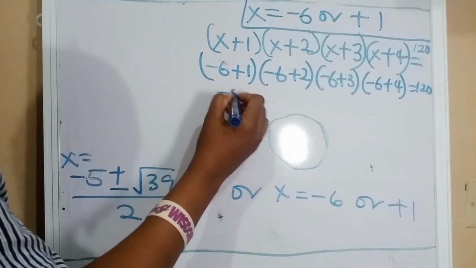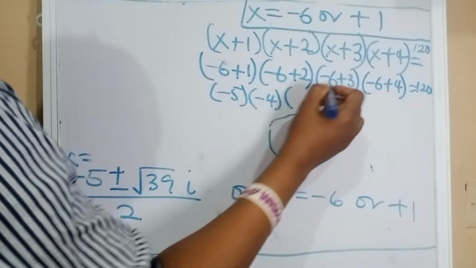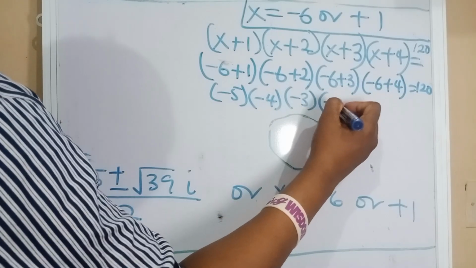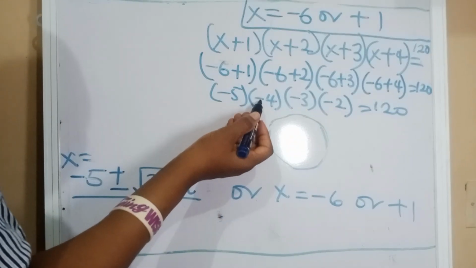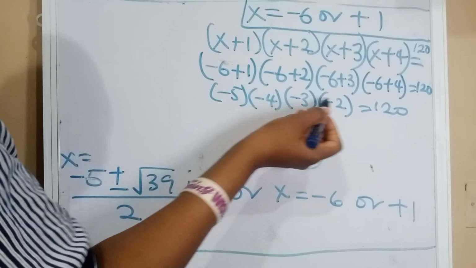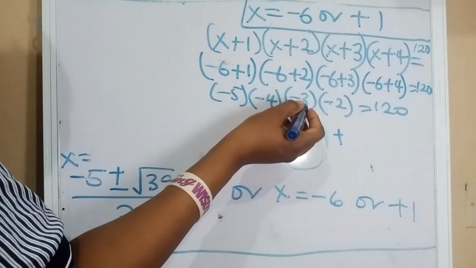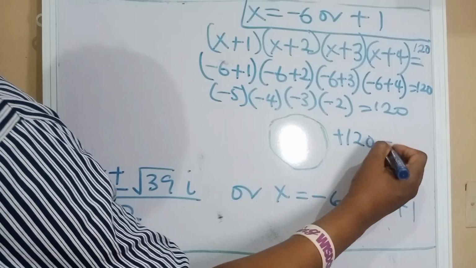This will give us minus 5, minus 4, minus 3, minus 2 equal to 120. So minus times minus is plus, plus times minus is minus, minus times minus is plus. 5 times 4 is 20, 20 times 3 is 60, 60 times 2 is 120, equal to 120.